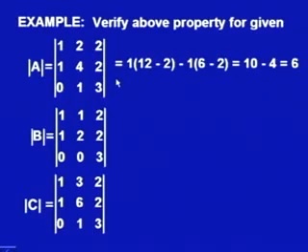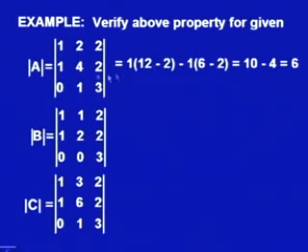The determinant A is, first column, first element, 1 into 12 minus 2, minus, I am expanding about this, 6 minus 2.